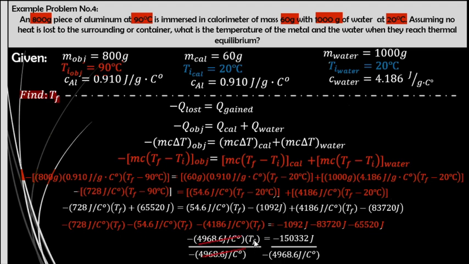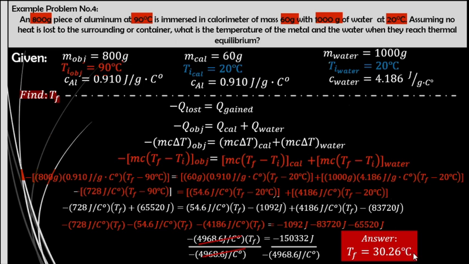So therefore, we can now compute for our final answer. So our T sub F is equal to negative 150,332 joule divided by negative 4,968.6 joule per Celsius degree. Computing for this, we will arrive with our final answer as T sub F is equal to positive 30.26 degrees Celsius.